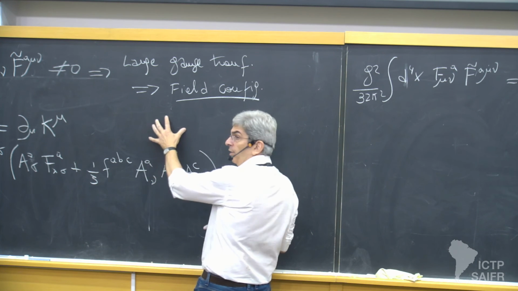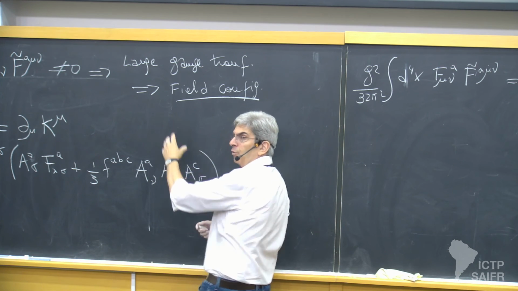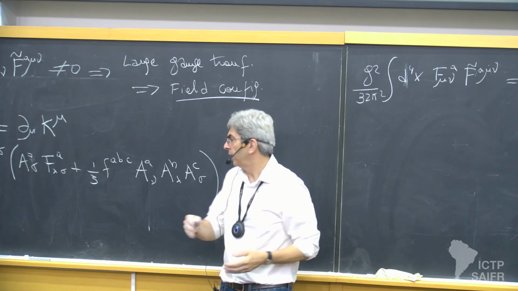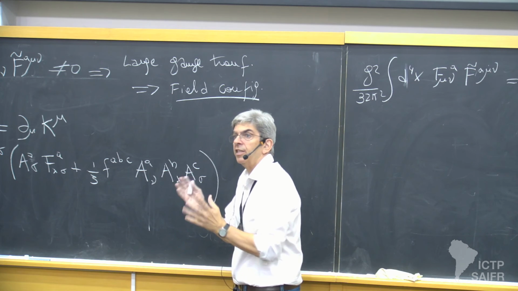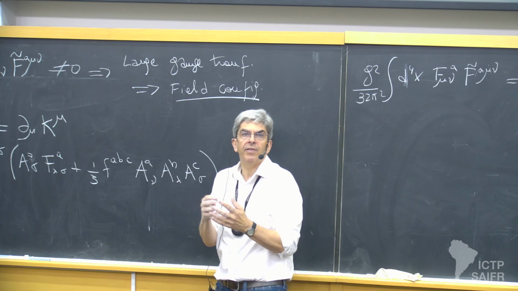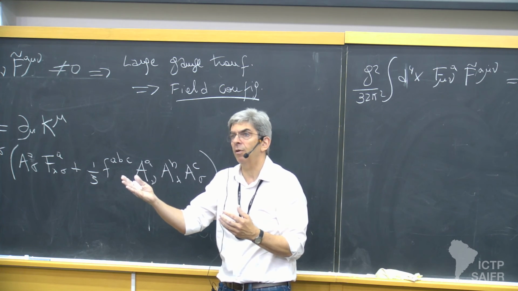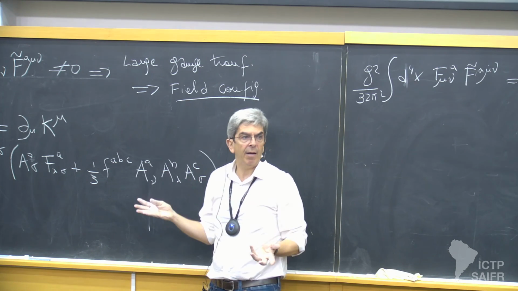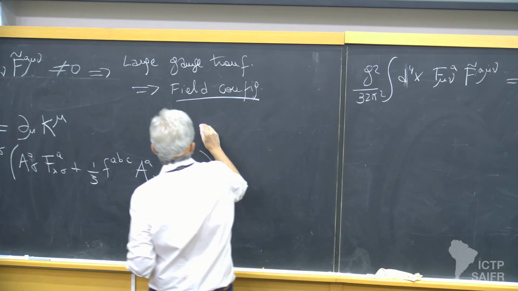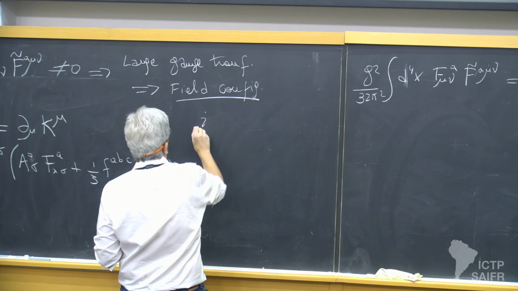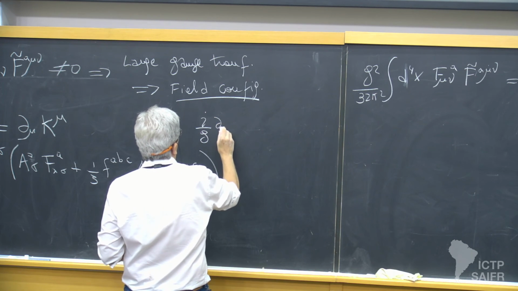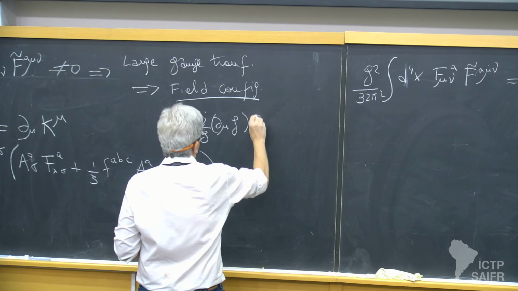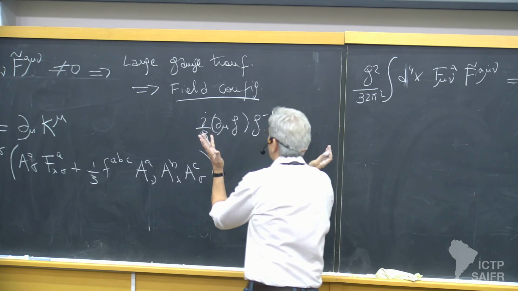if you start from the vacuum, right? And you say, well, I have the vacuum, and the vacuum is nothing, including all the gauge fields are zero. But of course, the gauge fields can be gauge transformed, and this gauge transformation is just the derivative of some gauge transformation, right? So you have 1 over the coupling ∂_μ of G times G to the minus 1, where G is a gauge transformation.